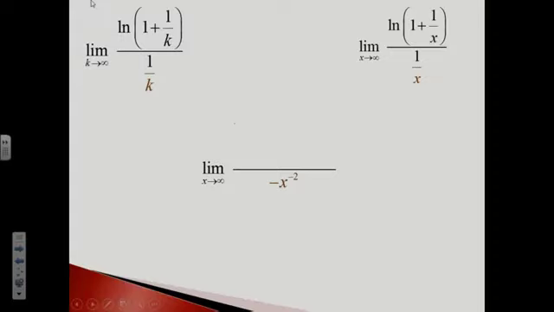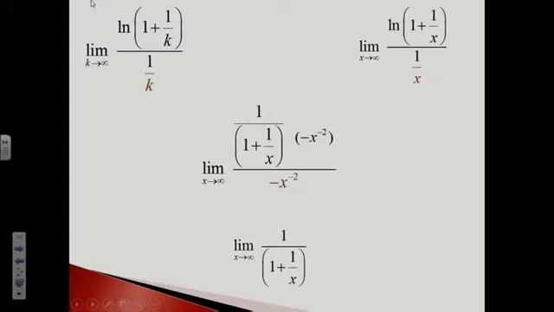The numerator is ln of (1 plus 1 over s), so its derivative is 1 divided by (1 plus 1 over s) multiplied by the derivative of 1 plus 1 over s, which is minus s to the power of minus 2. The limit equals 1 divided by (1 plus 1 over s). When s tends to infinity, it gives the result of 1.